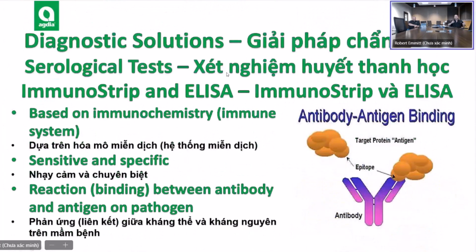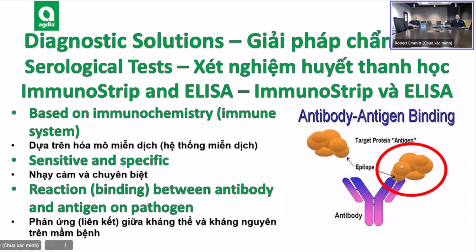So the diagnostic products I'm going to talk about are called serological tests. So they are Immunostrip and ELISA, the products that we sell. These are based on immunochemistry, and it's immunochemistry because it's what happens in the immune system. They are sensitive and they are specific at times, and they are based on a reaction or a binding that takes place between an antibody and an antigen.